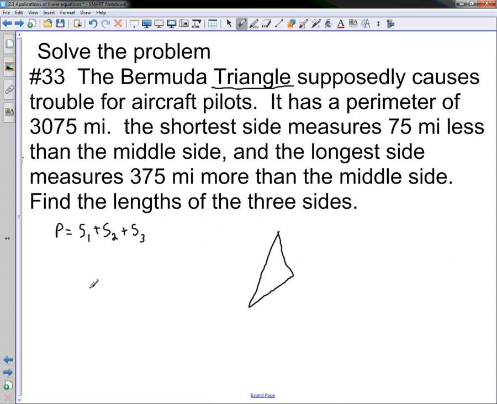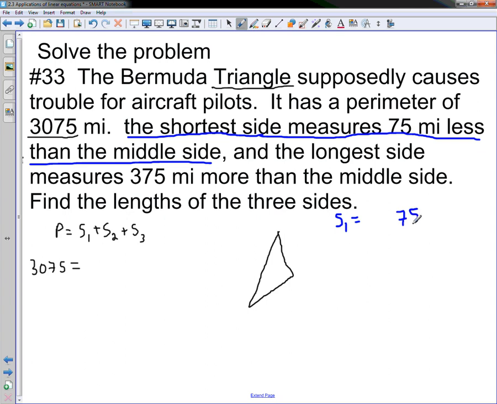Okay, so let's see what we have. We know that the perimeter is 3,075. And we have the shortest side measures 75 less than the middle. So I have the shortest side, I'm going to call that S1, is equal to 75 miles less than the middle one.